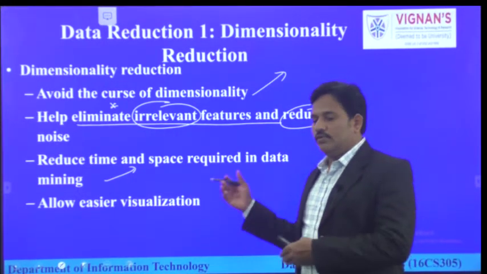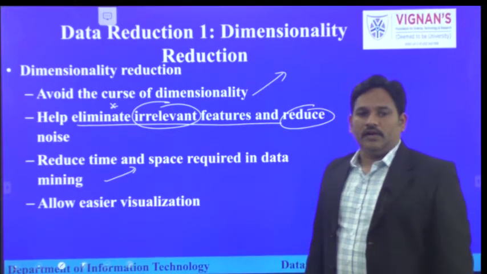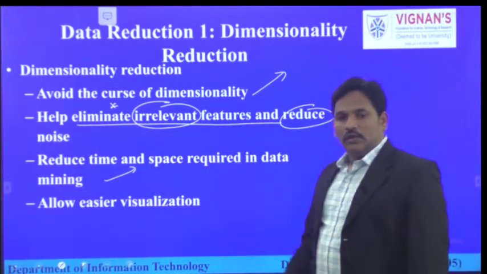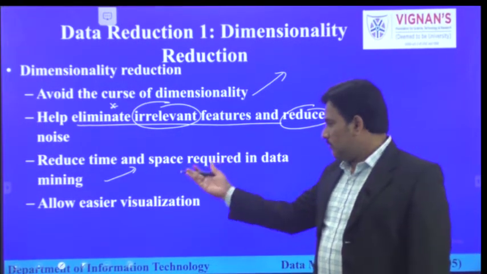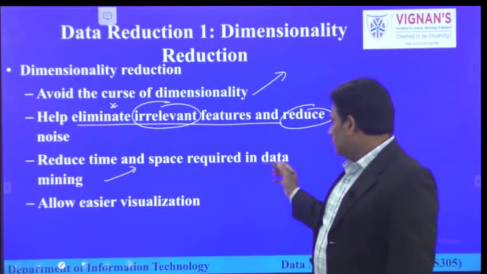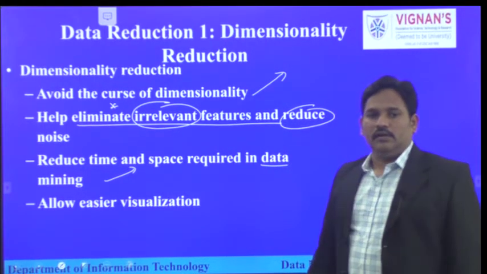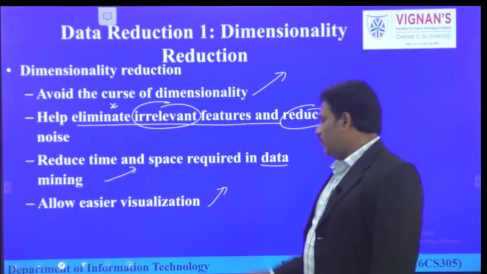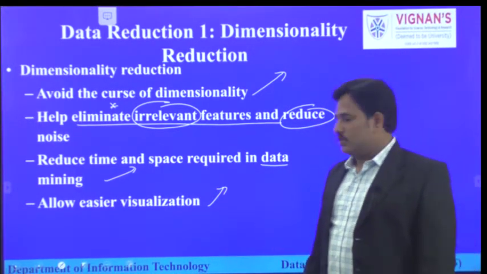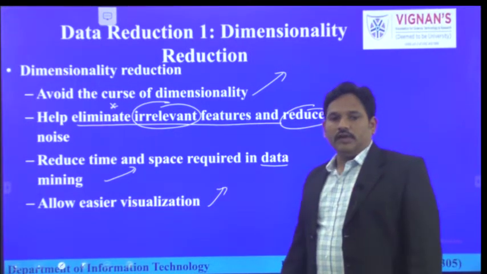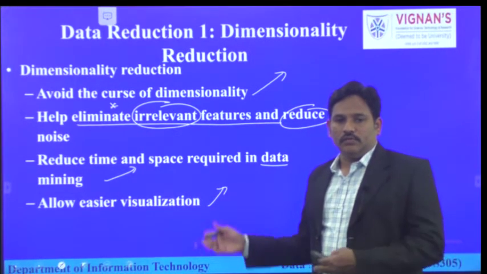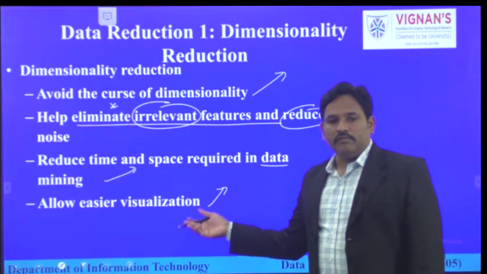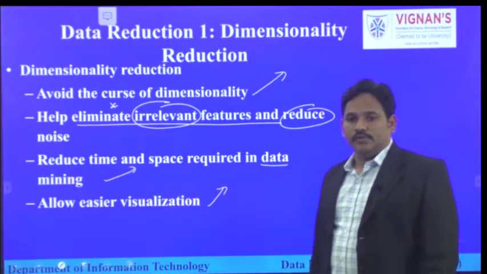After reducing the unwanted attributes, we can achieve lesser processing time in data mining analytical operations. And one more advantage is that while producing the results to the end user, we can go for visualization. That means we can produce better visualized results with fewer attributes.